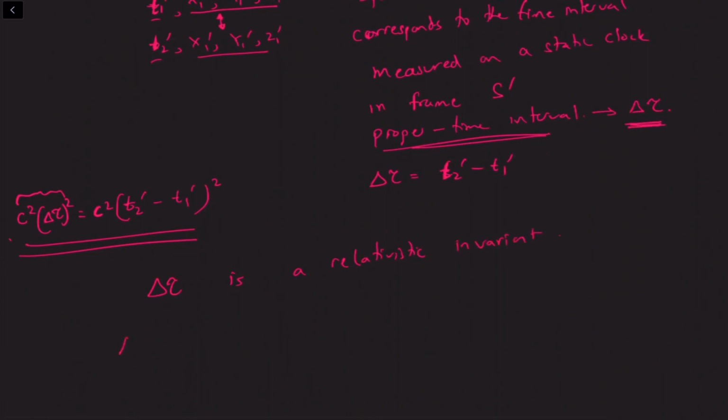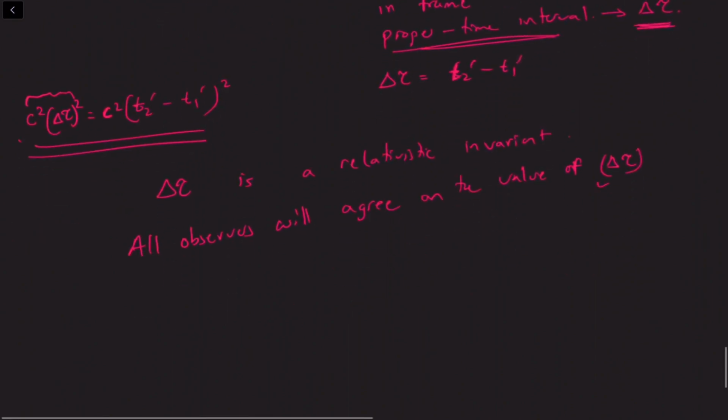That is, all inertial observers will agree on the value of delta tau, provided that they construct delta tau using their measure of a space-time interval in their coordinate system.